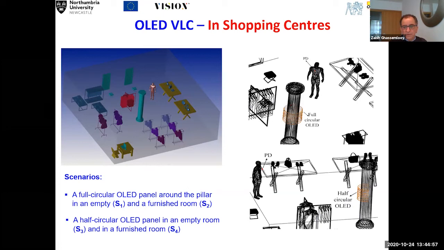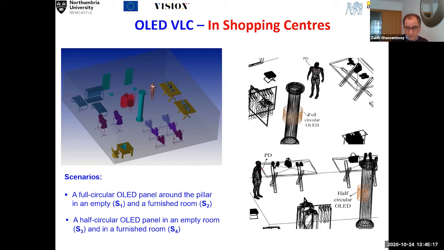For example, we put curved OLED around this column here, or we can put a flat OLED, and so on. We create this in the software, and then we look at the line of sight, non-line of sight, and the combination of those two as the light leaves the transmitter and arrives at the receiver.